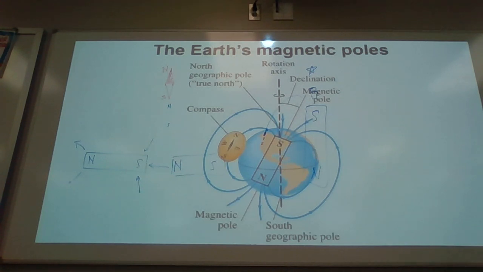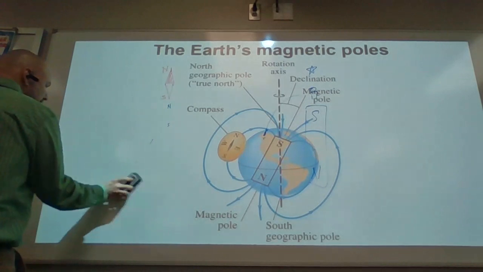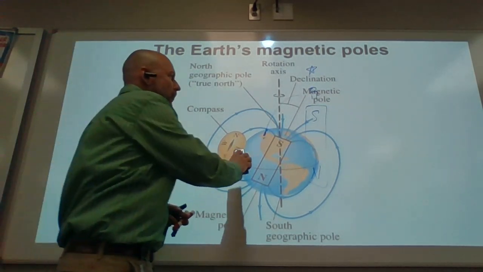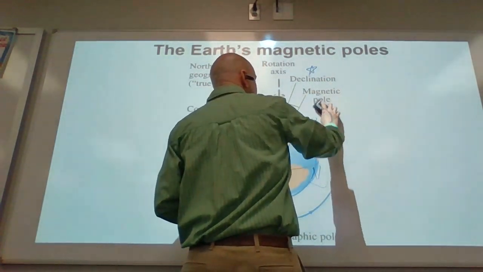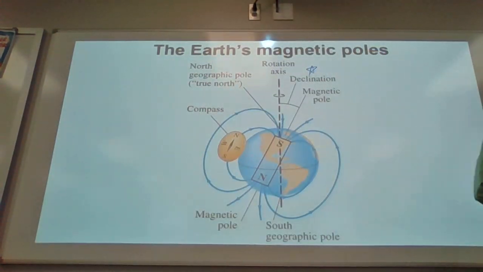It's tilted slightly. So if you ever take an orienteering course, there's something called true north, which points towards Polaris, the North Star, and then there's magnetic north, and that's which way your compasses point.